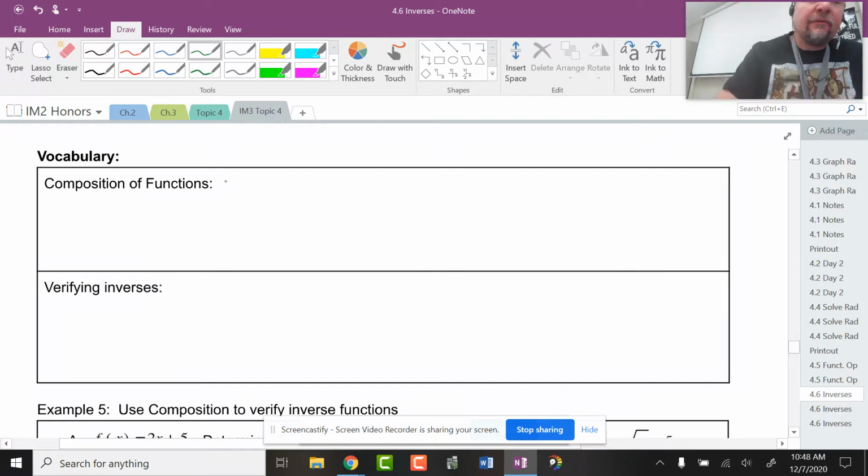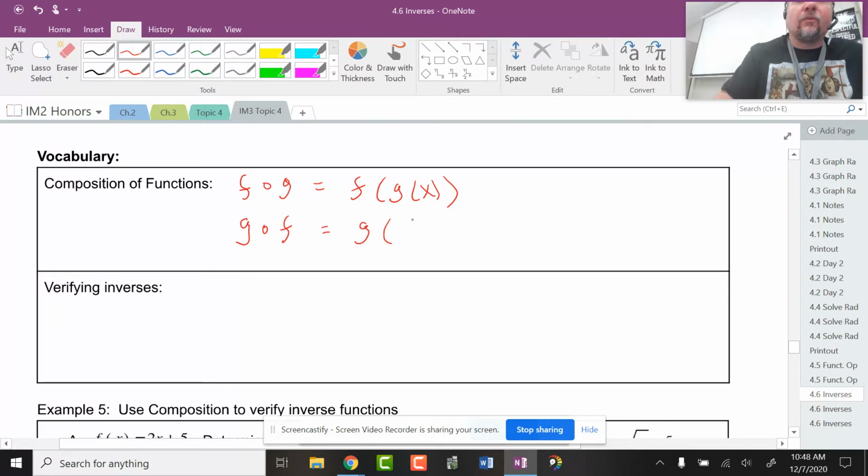Composition of functions. Well, first of all, this is just the composition of functions. Looks like this, which equals f of g of x. And then it could be switched. And I just want you to realize that in most functions, these two are normally not equal.